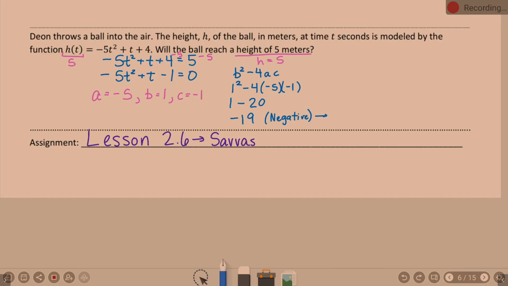Okay, so because of this, there are no real solutions. I'm not going to argue the fact there's 2 non-real, but we're talking Dion throwing a ball in the air. I don't care about the imaginary ones. They're not real. There are no real solutions. So with that said, no, the ball will not reach a height of 5 meters.